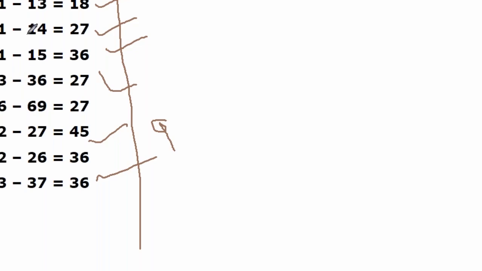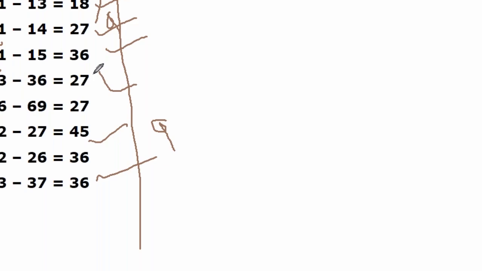Similarly, 21 minus 12 is 9, then required is 2 minus 1, and that 2 minus 1 is nothing but 9 by 9. Similarly, 18 by 9 is equal to 2, that is the difference 3 minus 1. 27 by 9 is 3, that is the difference 4 minus 1. 36 by 9 is 4, that is the difference 5 minus 1.